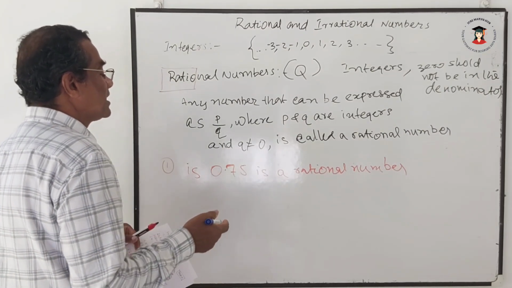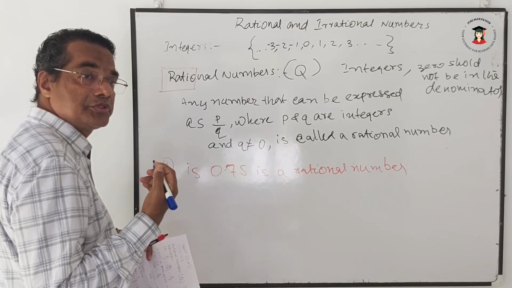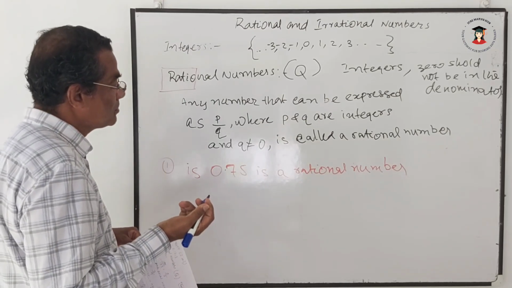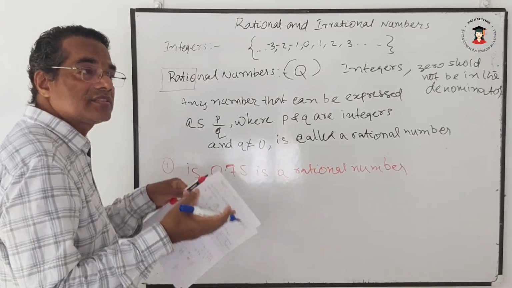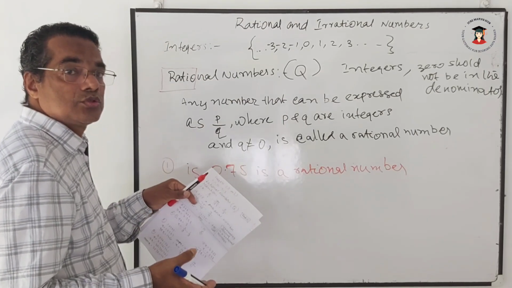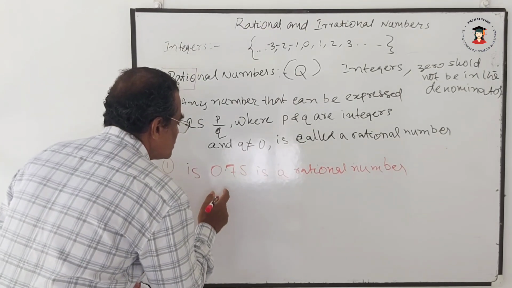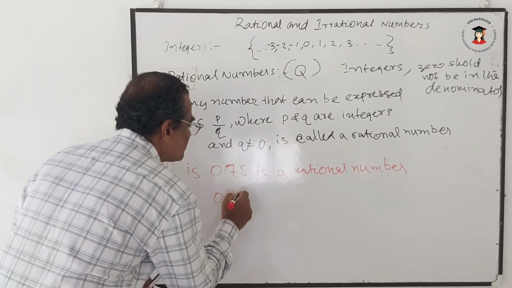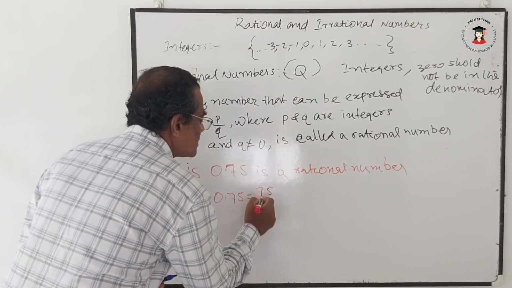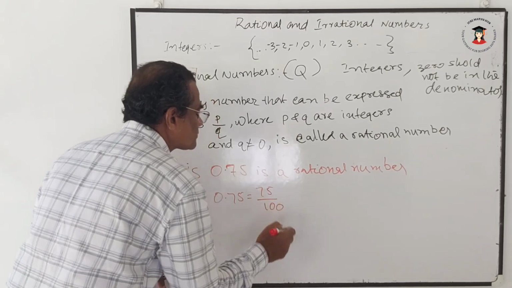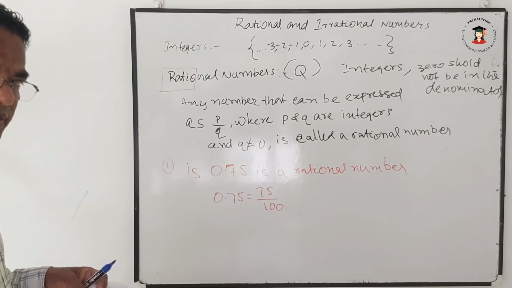The question is whether 0.75 is a rational number. So we need to check whether 0.75 can be expressed as a ratio of two integers. I can write 0.75 equal to 75 divided by 100. Both 75 and 100 are integers.